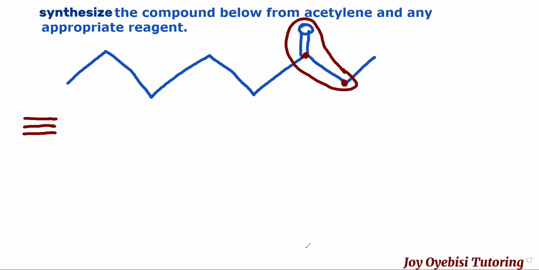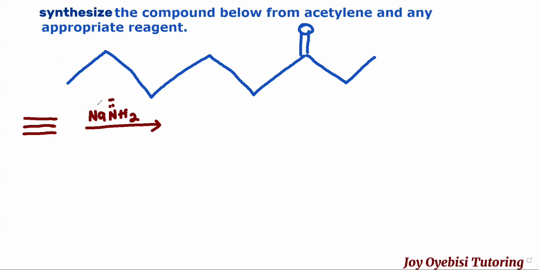So we will start by adding the first reagent. My first reagent is going to be sodium and NH2. This NH2 has a negative end while the sodium has a positive end.